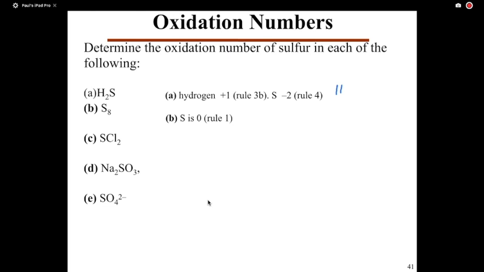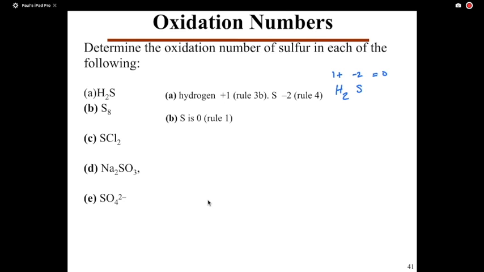If I have hydrogen, 2 of them, and they are +1s, then the sulfur, if this all adds up to 0, has to be a -2 because +1 times 2 is a +2. Sulfur has to be a -2. And so the sum of that equals 0. We're done.